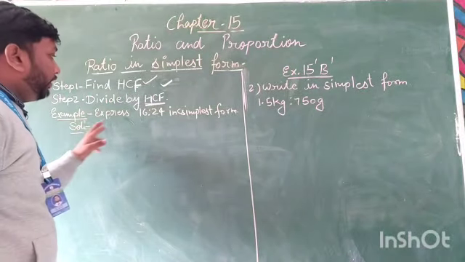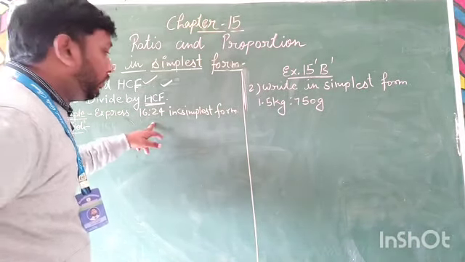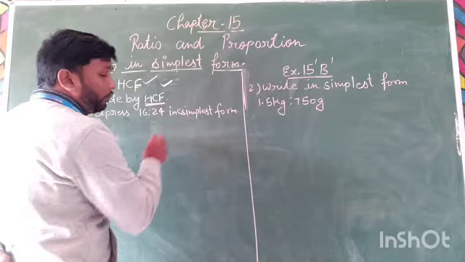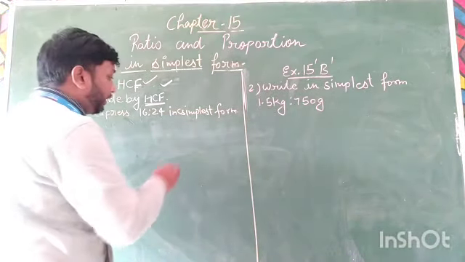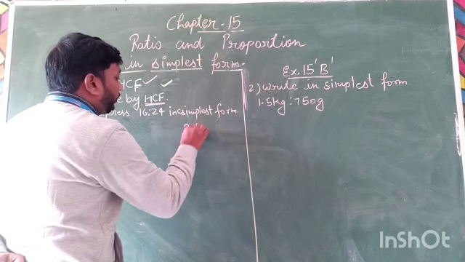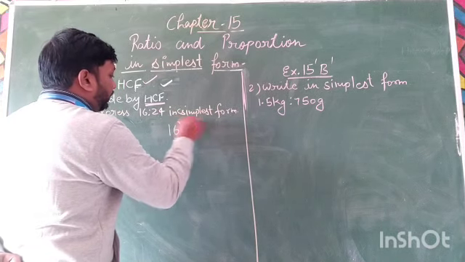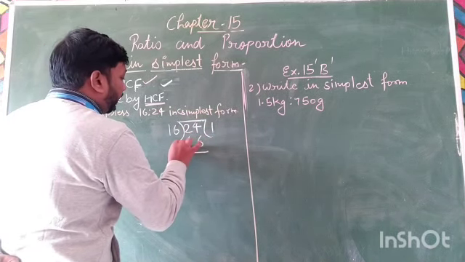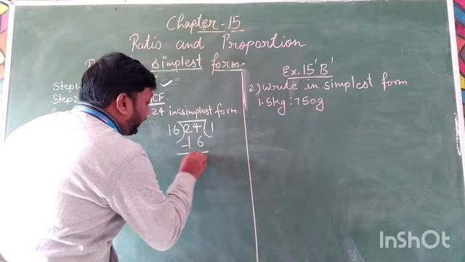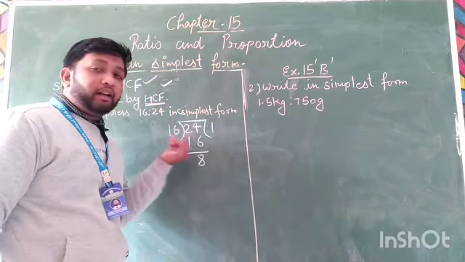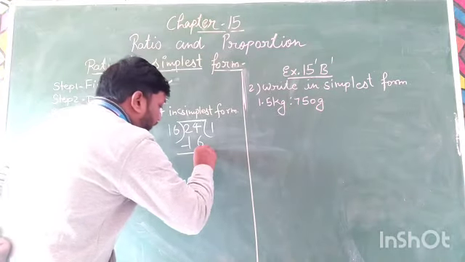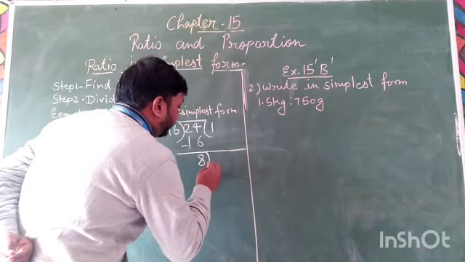To find the HCF we use the division method. So we divide 24 by 16. 16 1 is 16 and the remainder is 8. Now the remainder becomes the divisor and the divisor becomes the dividend.